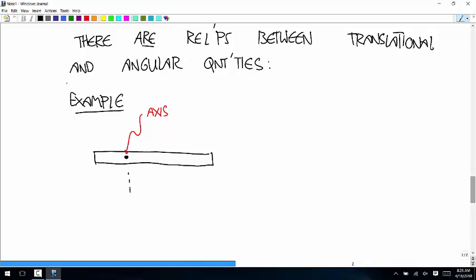And let's say that the distance from the axis to the short end, the near end, is 0.2 meters. And from the axis to the other end is 0.6 meters.